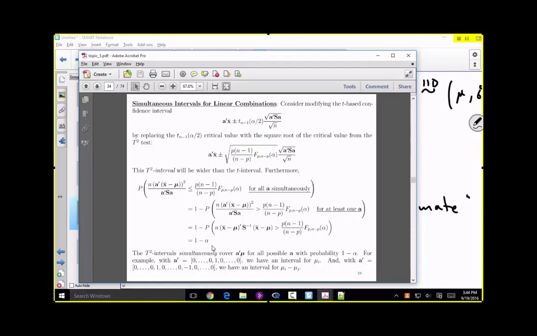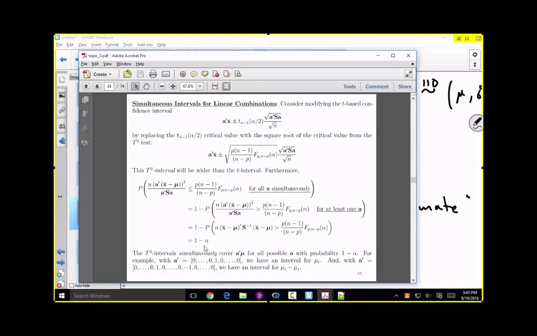What we're going to get with a simultaneous set of confidence intervals, if we have p variables, is p intervals, one for each variable. And about all those intervals, the probability that the collection of intervals will be within the right spot is equal to the nominal coverage that I wanted.